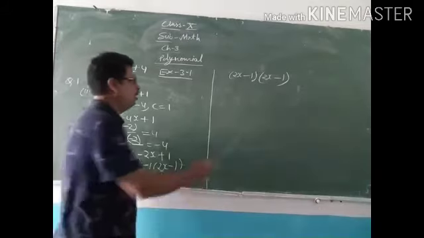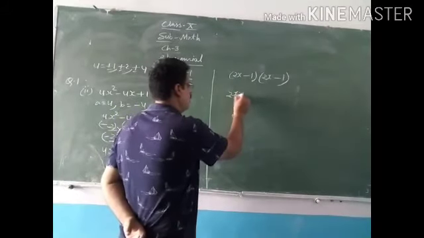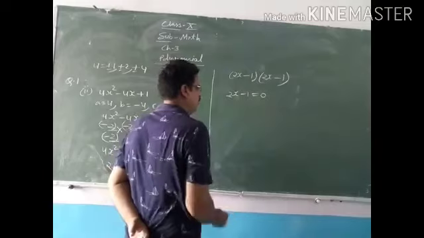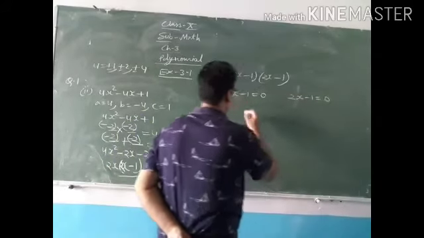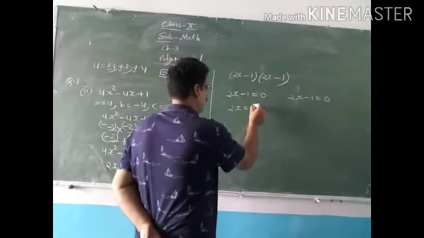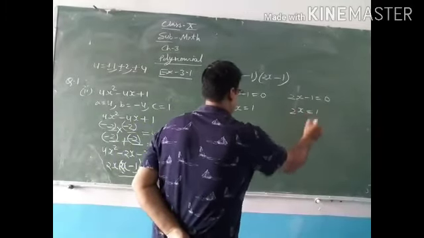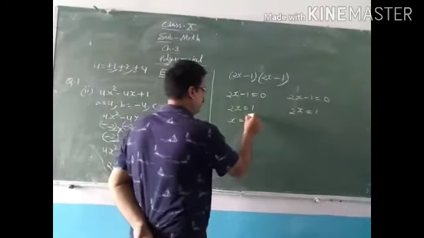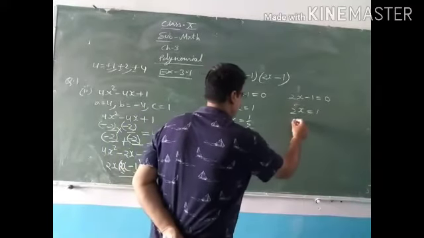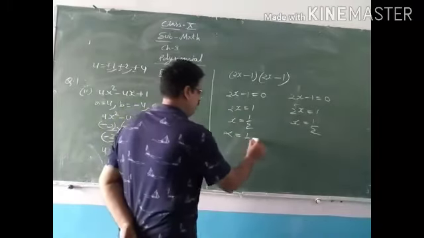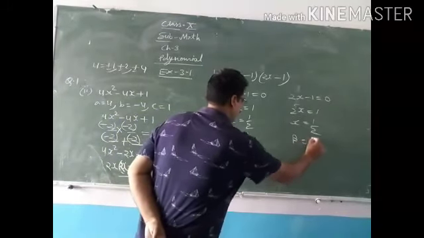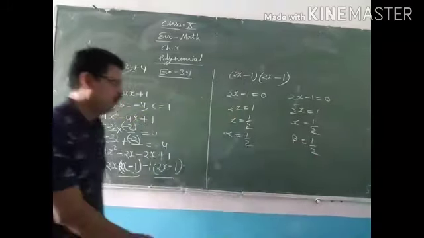So now 2x minus 1 equals 0 and 2x minus 1 equals 0. So 2x equals 1, and by transposing, x equals 1 upon 2. So first zero alpha equals 1 upon 2 and second zero beta equals 1 upon 2.